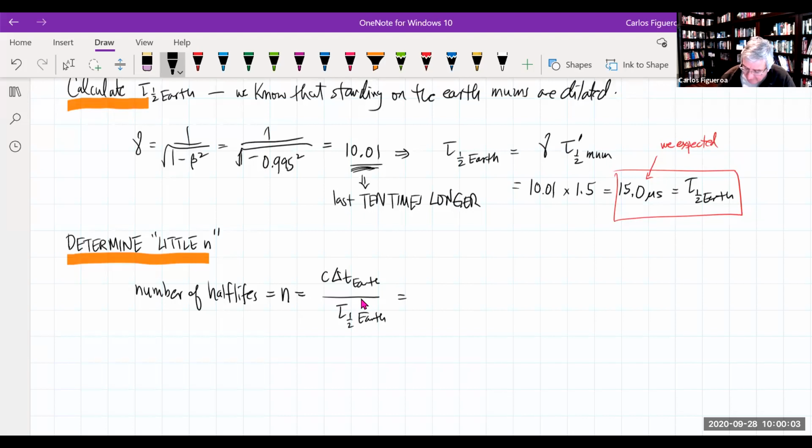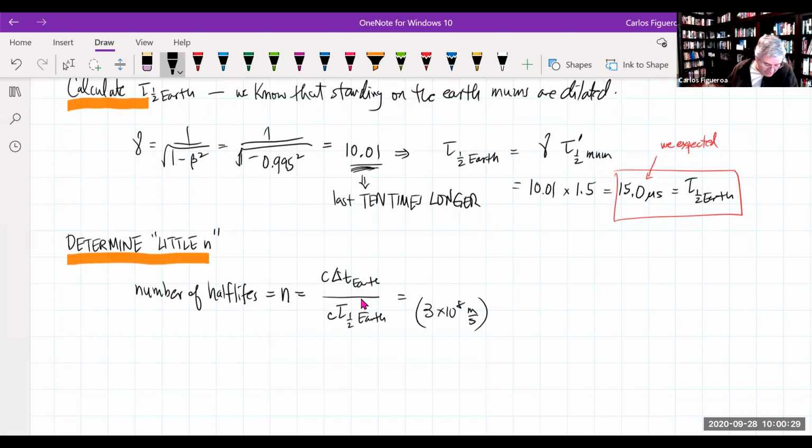So look, I have a little confession here. If I put c here, that has units of distance. The way I had written it, there were no equal units here. So now I've got to write 3 times 10 to the 8 meters per second.